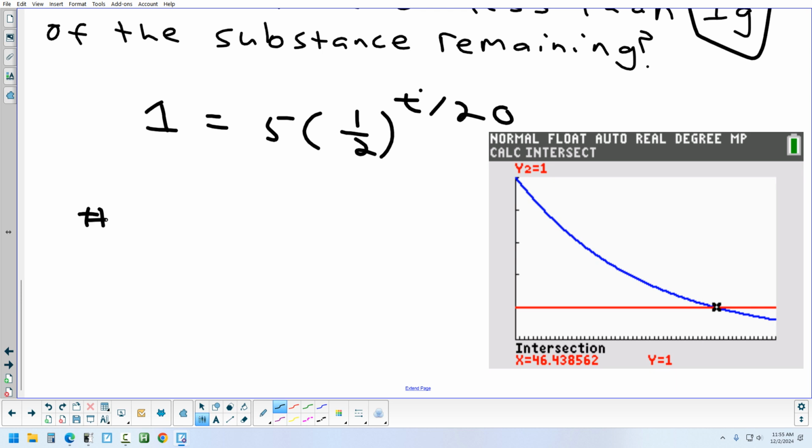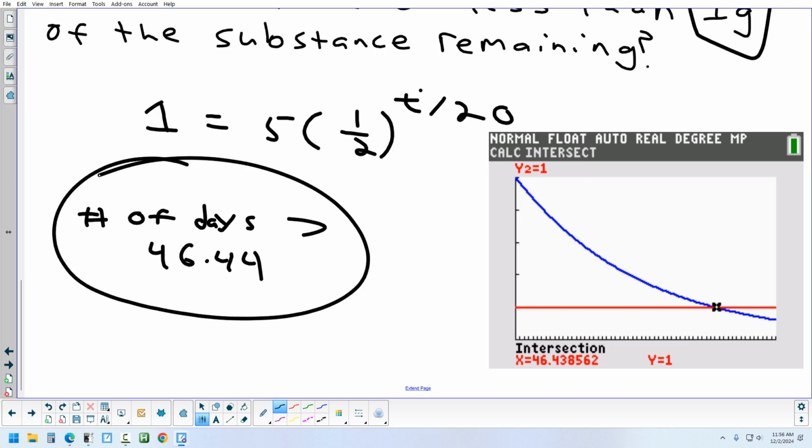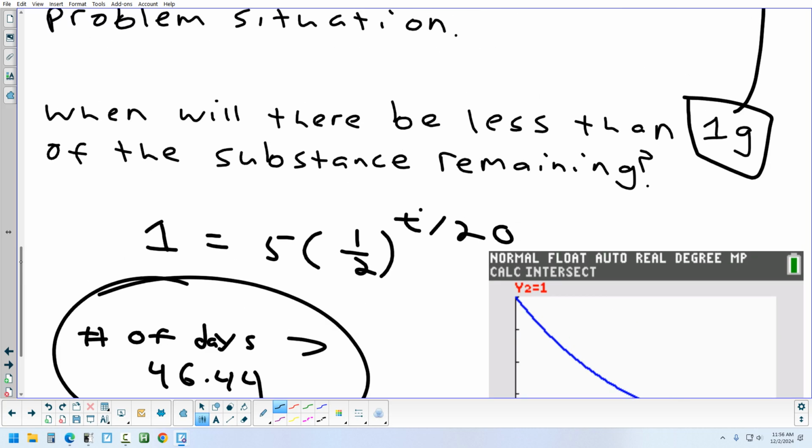Yes. So the number of days has to be more than 46.44. Sometimes people see the word less than here, and they say the number of days has to be less than 46.44.